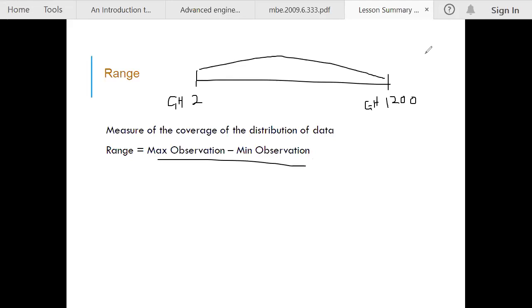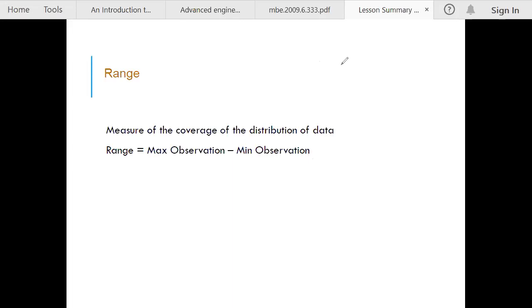Good. Now, moving on, we also talked about the measures of interquartile range. I'm going to go back a bit and use the same data we used for the median to demonstrate that.